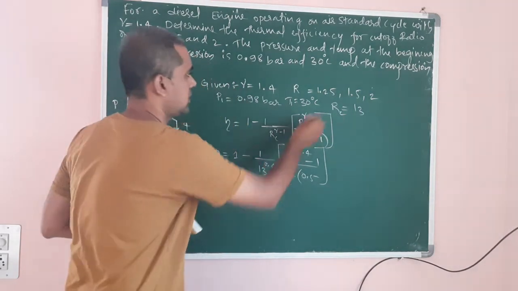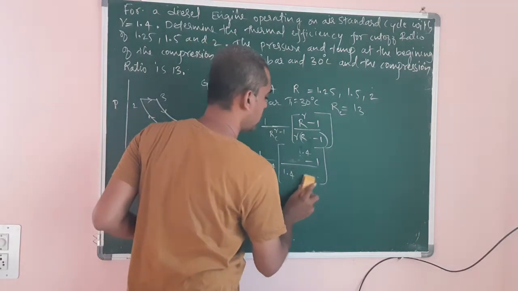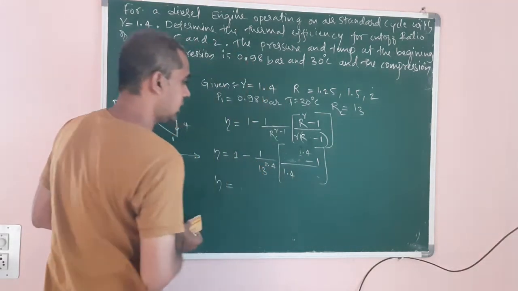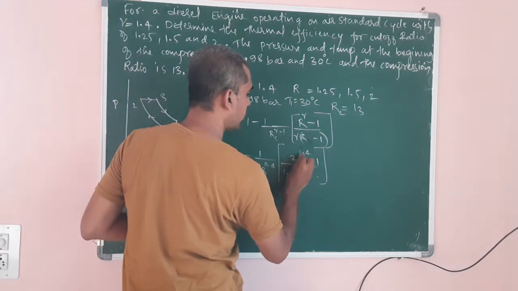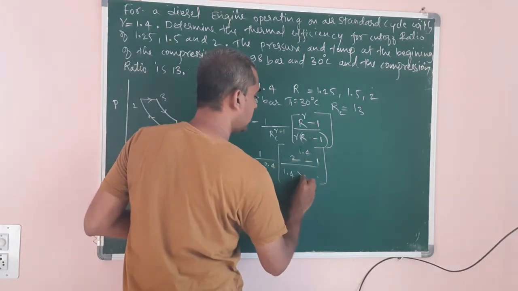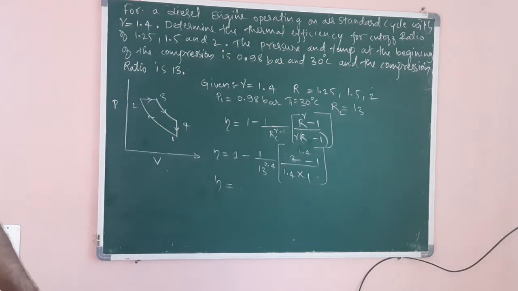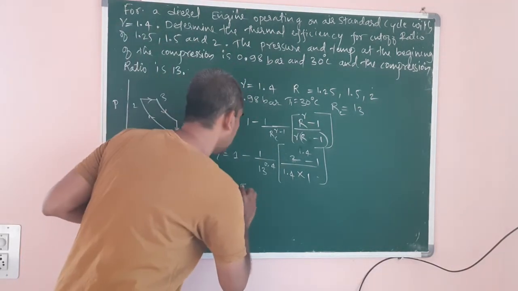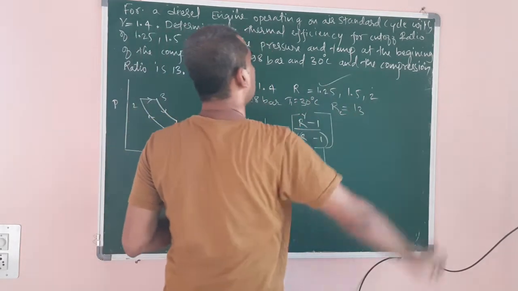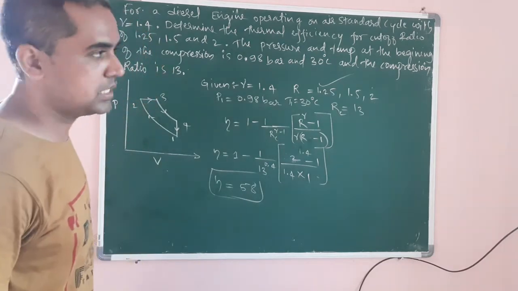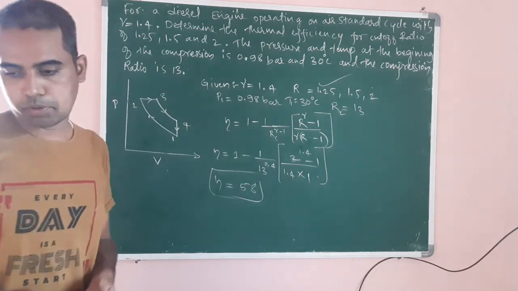For the third case, the cutoff ratio is 2, and you will get the efficiency as 58%. From this we can see that as the cutoff ratio increases, efficiency decreases. Okay, this is one problem.